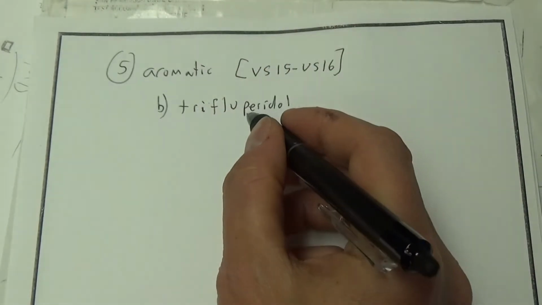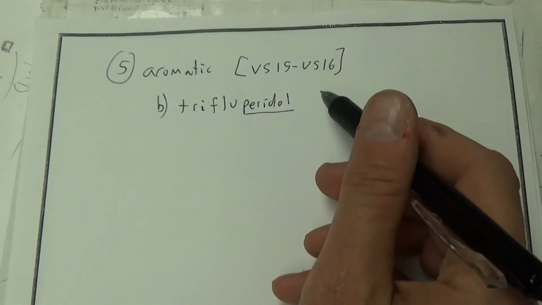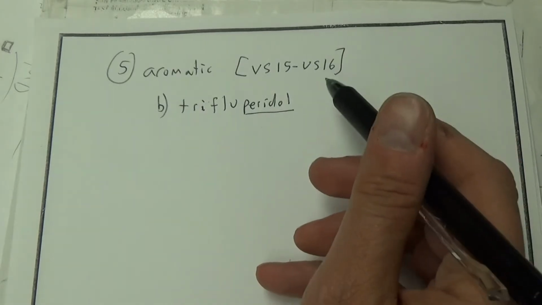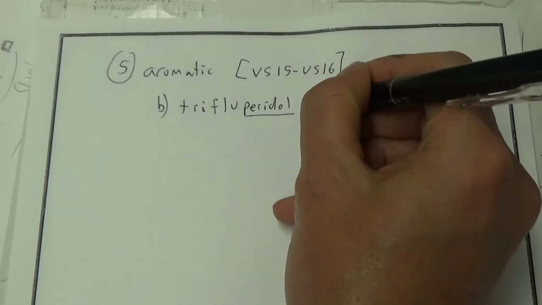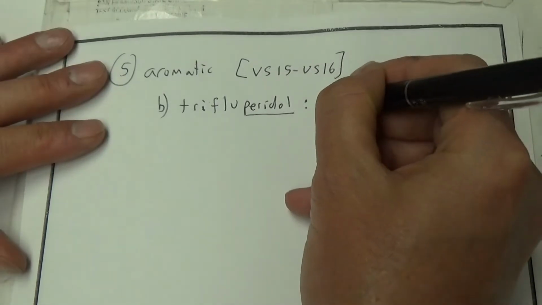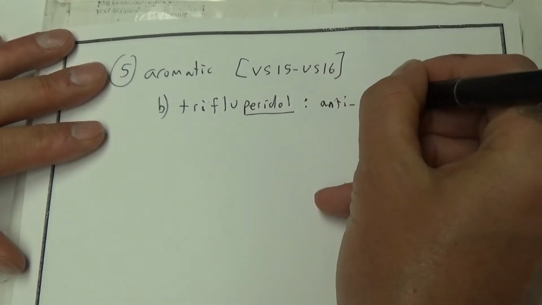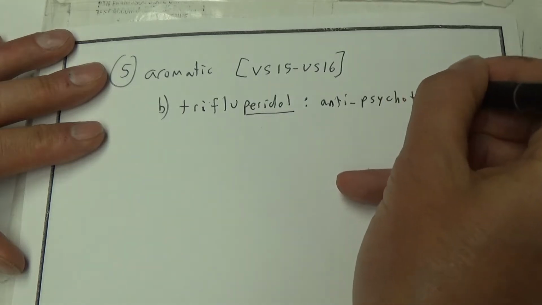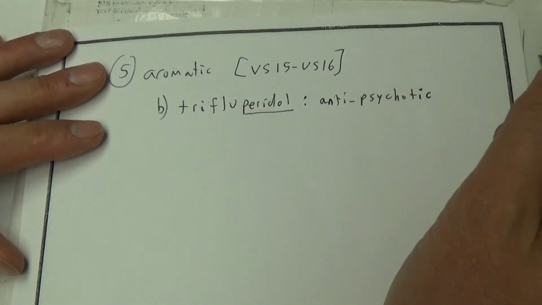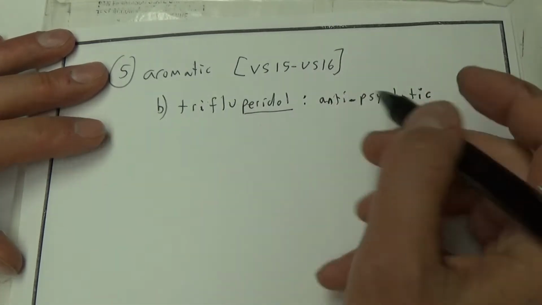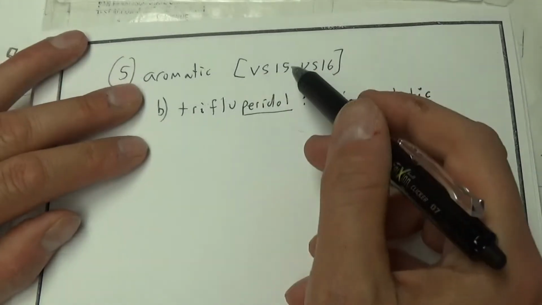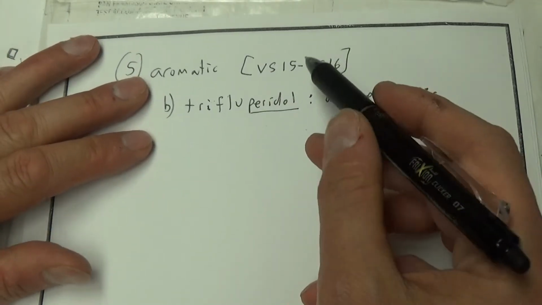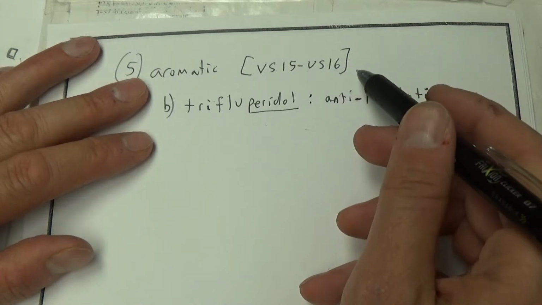A lot of these peridol substances are antipsychotic drugs, and this is also an antipsychotic drug. What we like about it is it has really cool, simple organic 1, organic 2 style chemistry, and it's kind of aromatic chemistry also. So that's why we're going to mention it real quick.